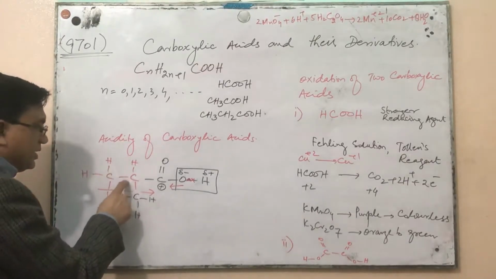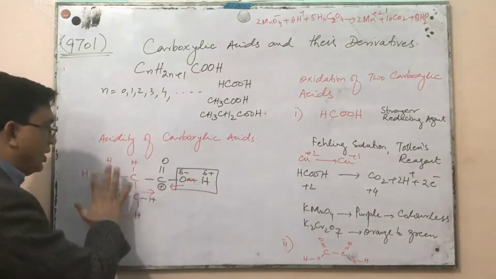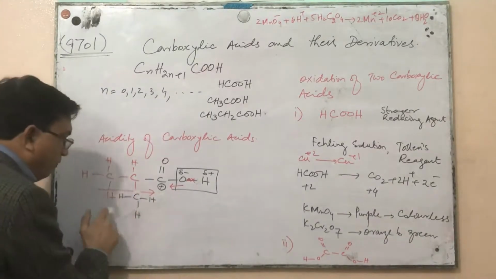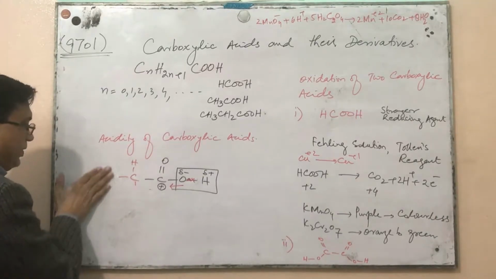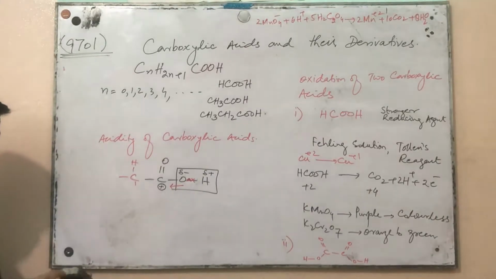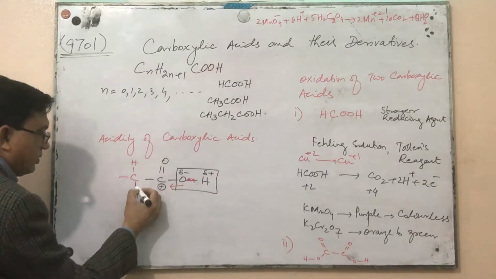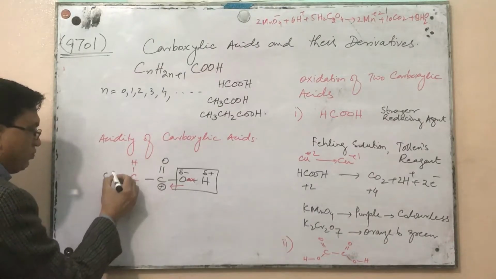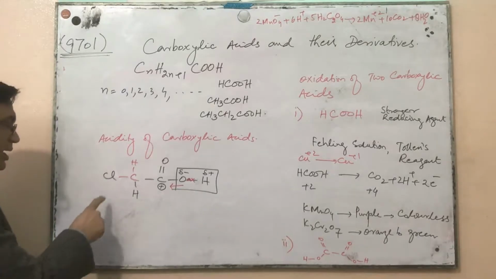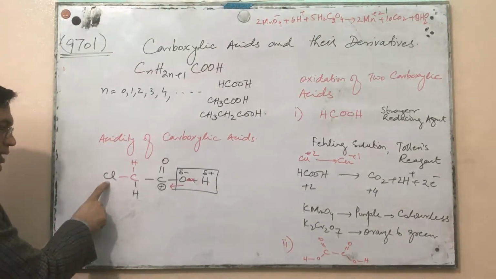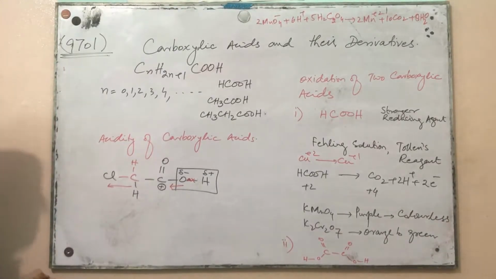Now, here in this case, on the left side, as we have discussed the electron donating character of the alkyl group, if we replace these groups by electron withdrawing groups, for example, if we replace one hydrogen with a chlorine atom, it means that the electronegativity of chlorine is more, so electrons will be attracted more strongly by the chlorine.